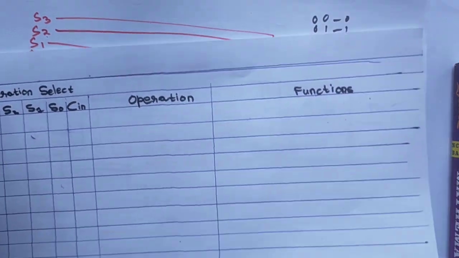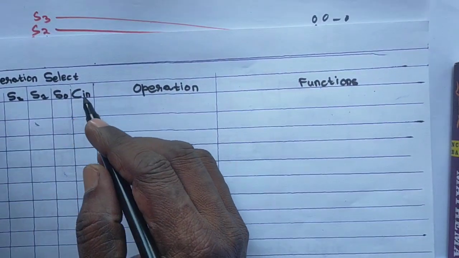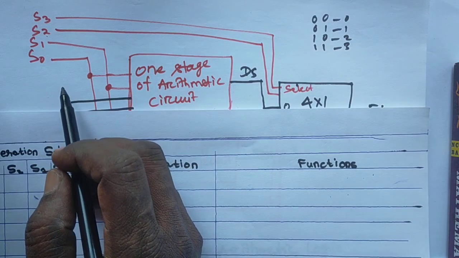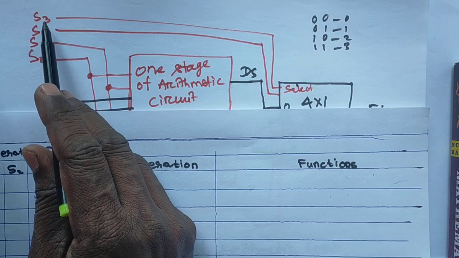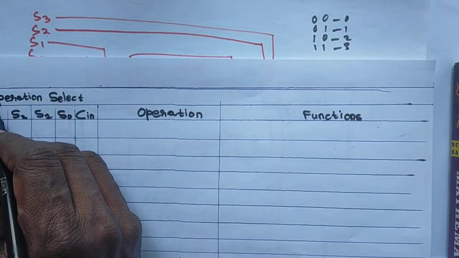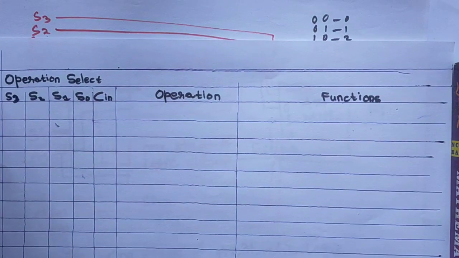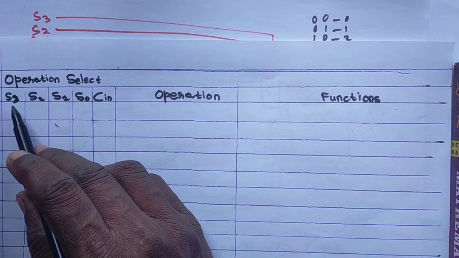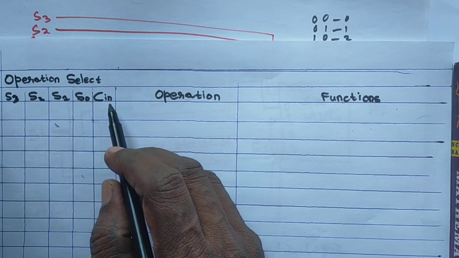Very simple way. Now we see first the operation select. How many operation selection variables? S0, S1, S2, S3, 4 selection variables we consider, S3, S2, S1, S0 and Cn.